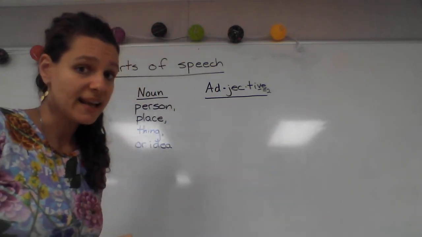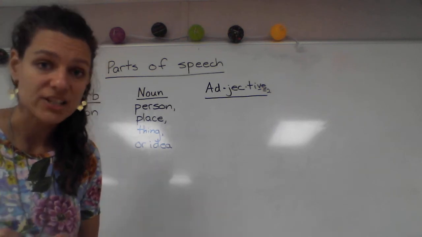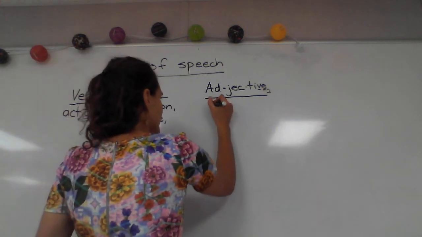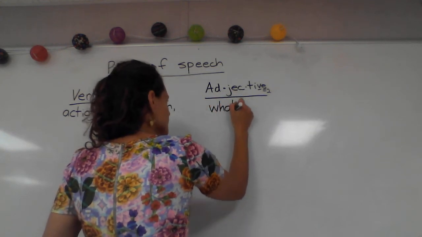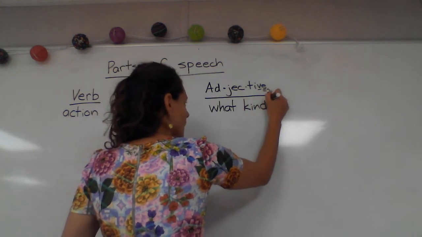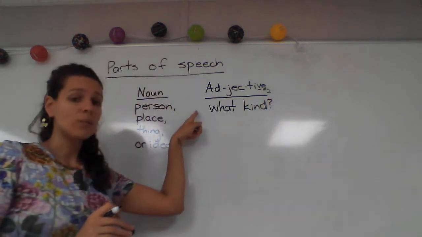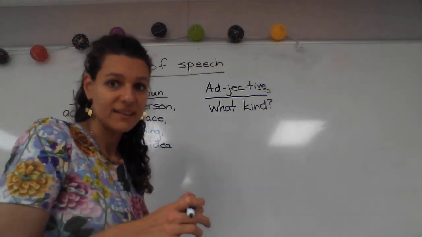And we talked in class today about 4 different questions an adjective can answer. It can answer the question, what kind? So if I said pink bottle, pink would be answering the question, what kind? So would metal, right?